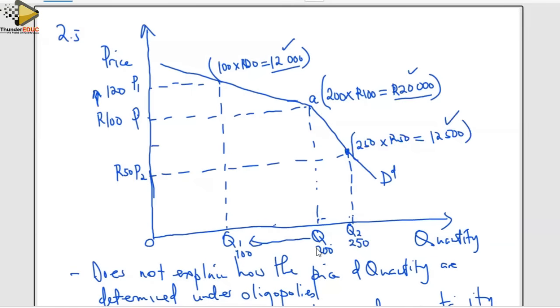Let's say, for example, it's Vodacom and Telkom. Vodacom increases its price in an effort to regain more revenue. It loses more customers, and those customers will go to other suppliers who have not changed their prices. So as a result, a smaller increase in the price will result in a much bigger loss in quantity sold. And as a result, the total revenue is going to fall.